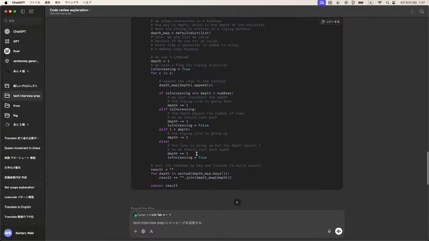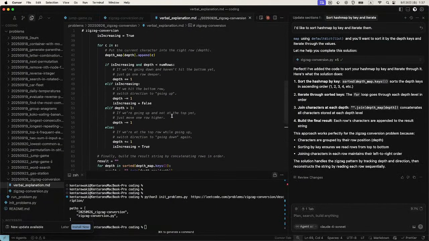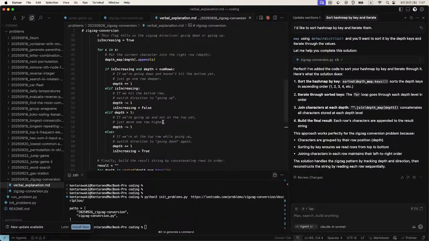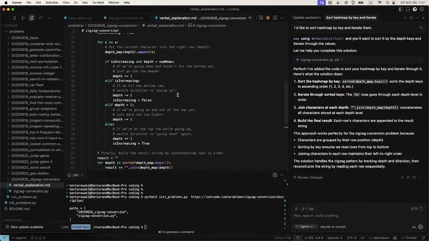So around here, yeah, I should say, haven't hit the bottom yet. If we hit the bottom row, switch direction to going up.